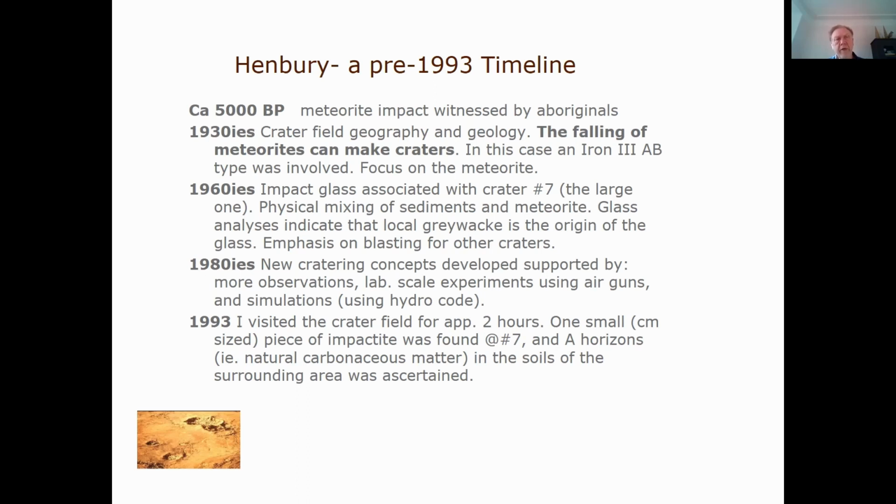In the 60s, people turned their interest to impact glasses, and that was spurred by a theory about what we know as glass pieces called tektites, that they were actually made on the moon, and from the moon's surface they were thrown out into space, and eventually ended up on the surface of Earth.